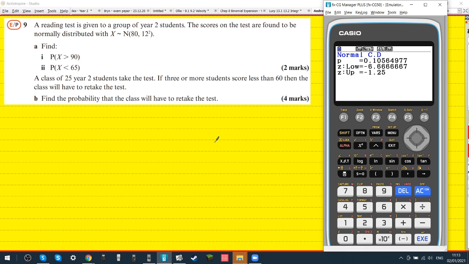There's 25 students taking the test. Does that mean that on average they'll be getting 80? Doesn't really matter. We need the probability first. So the probability was.